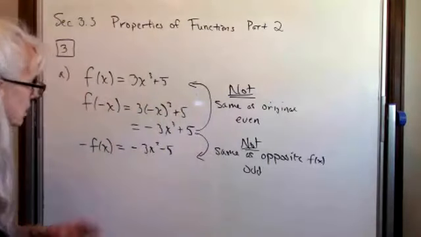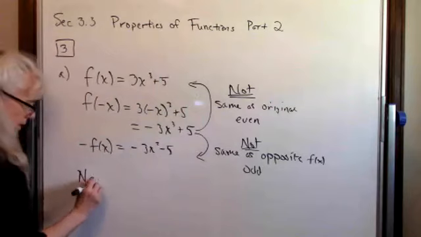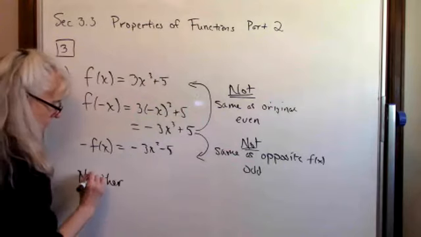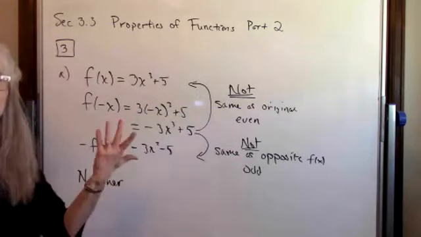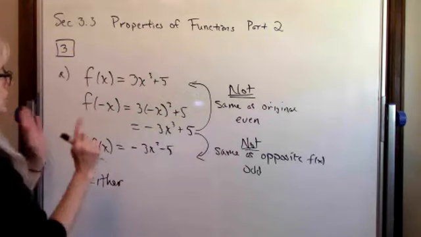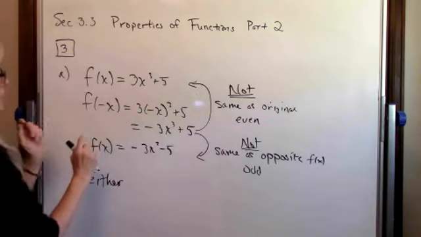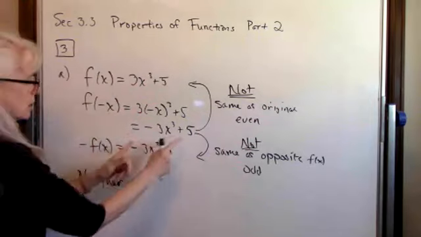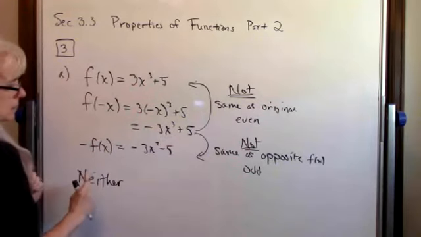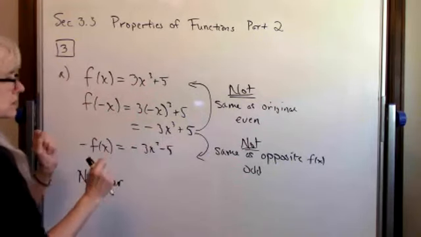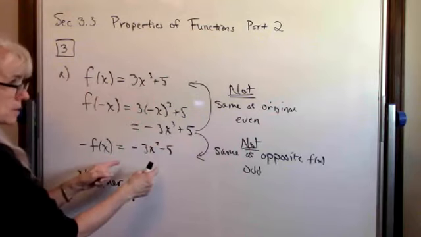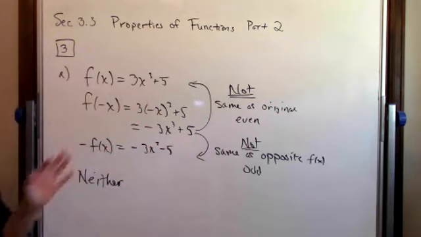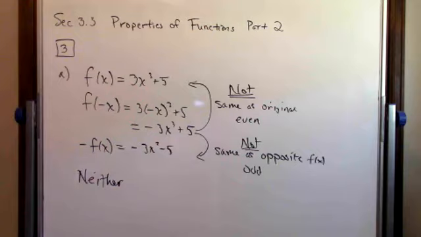So this particular function is neither. It has no symmetry to either the y-axis or the origin. So again, for your test, take a look at your original function, plug in a negative x, and see what you get. Also take a look at what the opposite of the function is. If it's the same as the original, it's even. If it's the same as the opposite of the function, it's odd. And if it's a mixture, then it's neither. In this case, it's neither.